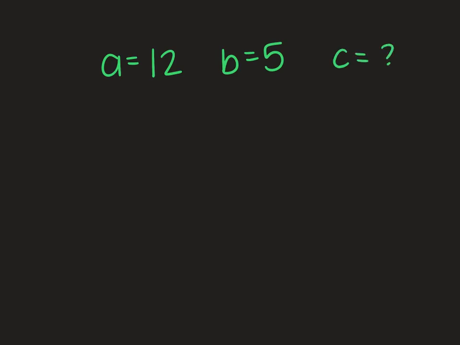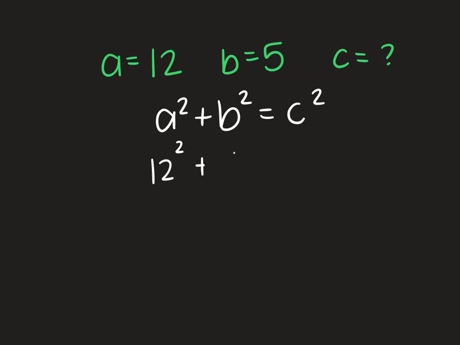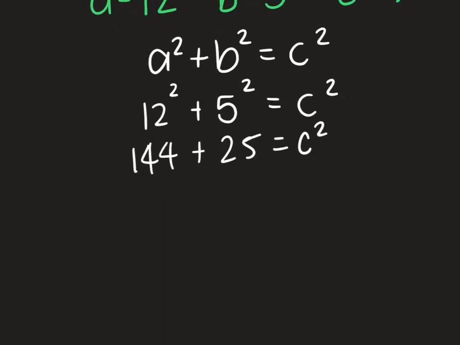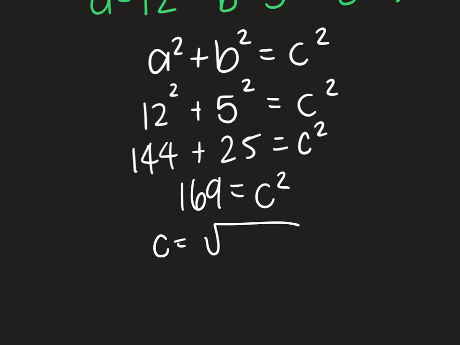If it wasn't obvious, which is okay, you're just going to plug it into the equation. So A is 12, B is 5, and we don't know what C is. So 144 plus 25 equals C squared, right? 169 equals C squared, but we can't stop right there. We have to find the square root. And we know that the square root of 169 is just 13.